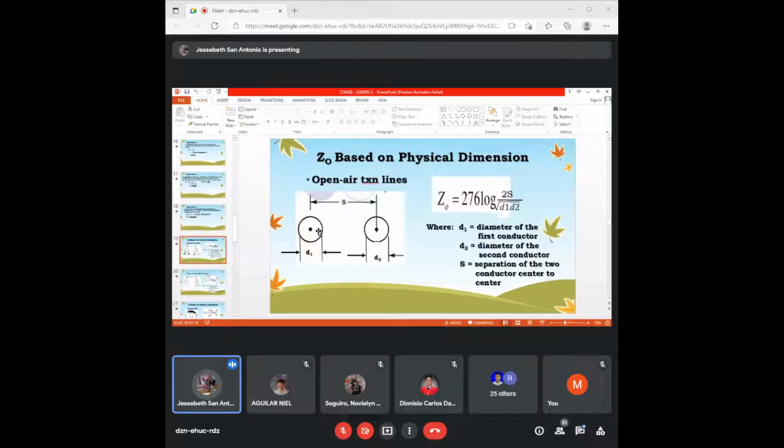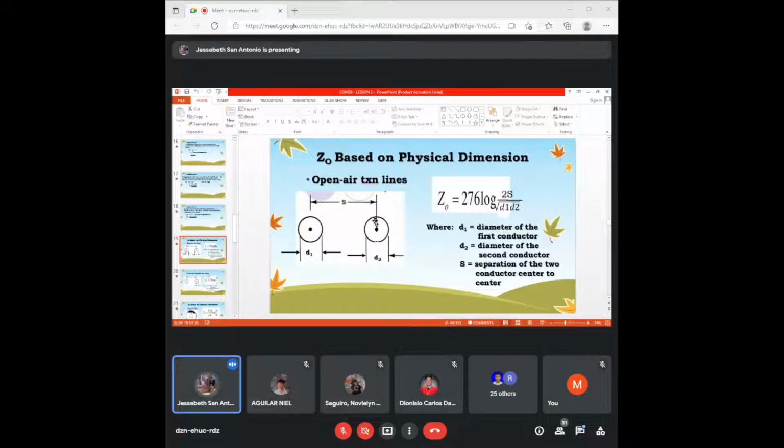D1 as well as D2 refers to the diameter of the conductors. So D1, diameter of the first conductor. D2 is the diameter of the second conductor. In an open air transmission lines, guys, definitely the conductors are of the same diameter.